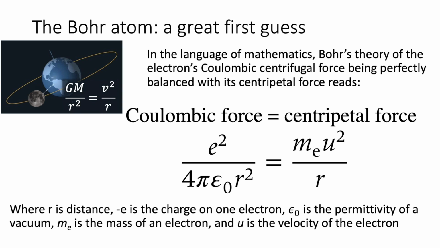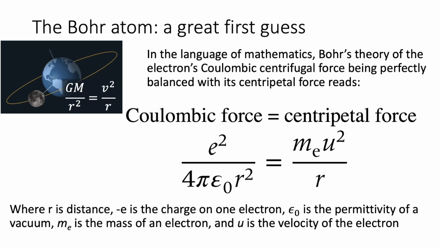So we note there's the equation at the top left, GM over r squared, right? That equation relates this balance between these forces, just as we see the idea of the centrifugal force being perfectly balanced with the centripetal force. That's the idea of how the moon stays in orbit. The moon doesn't fall to Earth, at least not anytime soon.